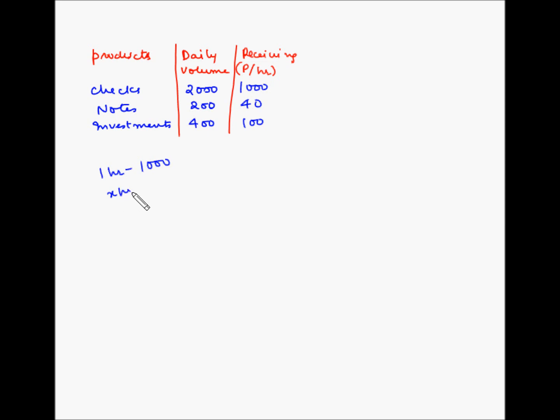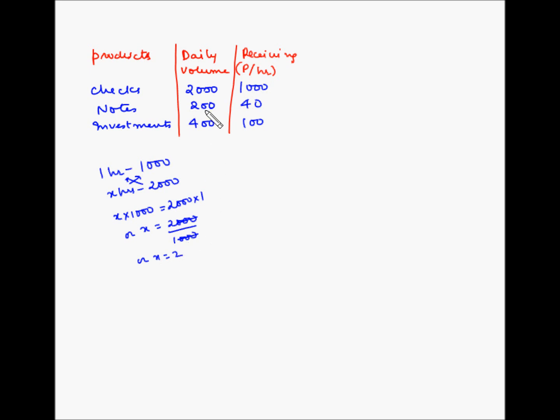So in X hours they can process 2000 checks. So cross multiplication, X multiplied by 1000 is equal to 2000 multiplied by 1, or X is equal to 2000 divided by 1000, or X is equal to 2.